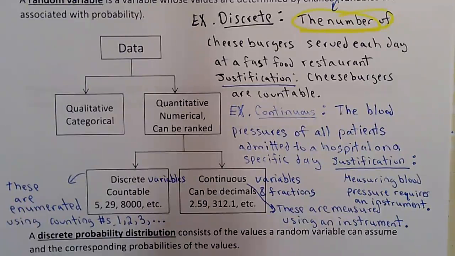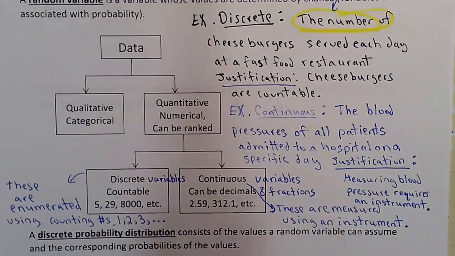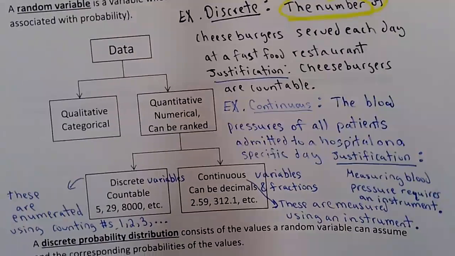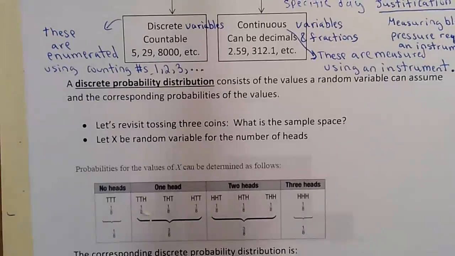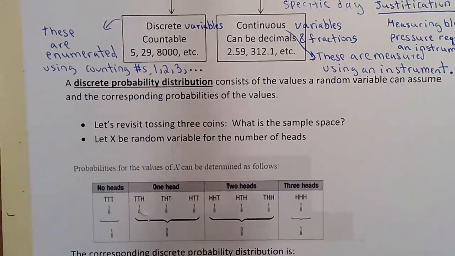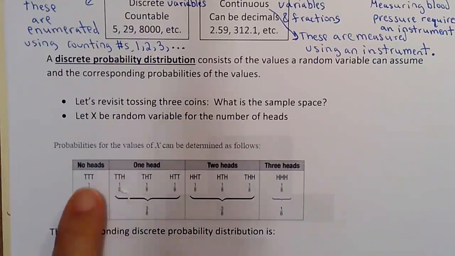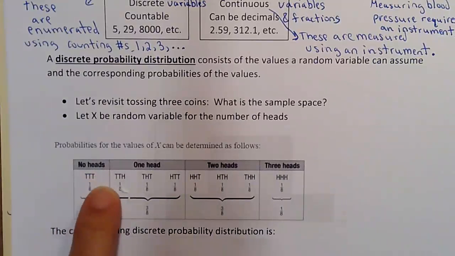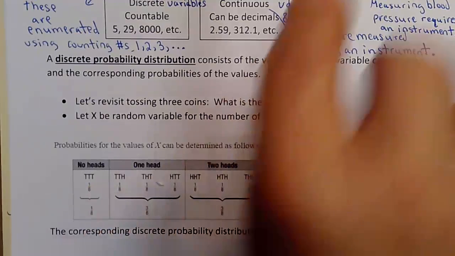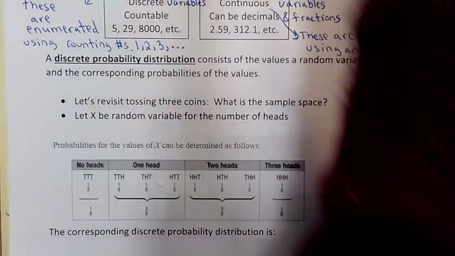And it says let's revisit the idea of tossing 3 coins and what would be the sample space for that. And then you would let X be the random variable for the number of heads. So we're interested in the heads. You can see how they have here number of heads, and you're tossing 3 coins. So I think I happen to have 3 coins here.